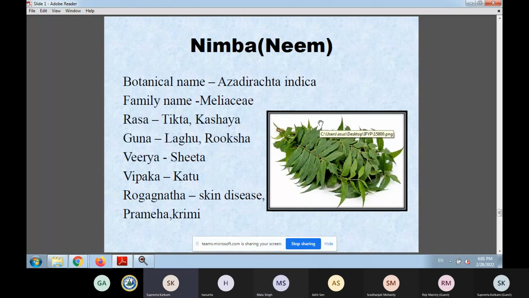I am unable to recall the botanical name at the moment. There are Embelia ribes seeds, Vidanga, that can be combined with neem.